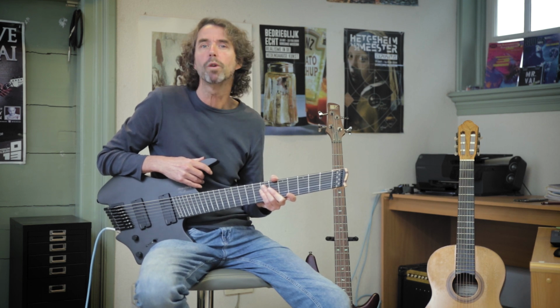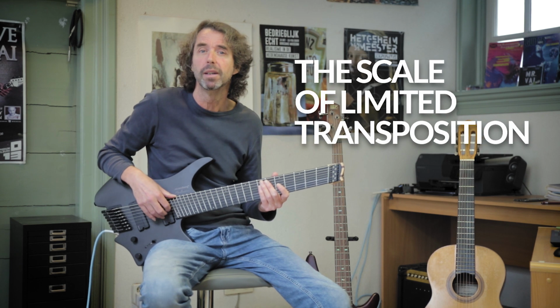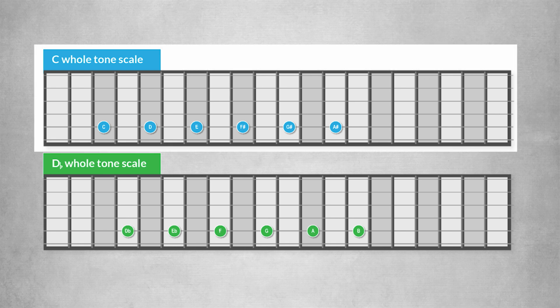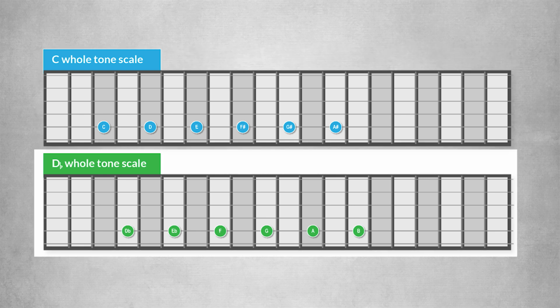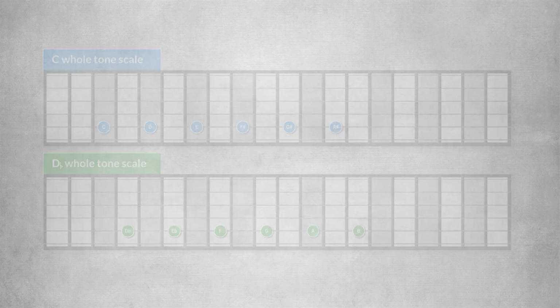And that is why the whole tone scale is also called the scale of limited transposition. So the conclusion was that there were only 2 whole tone scales. So we have a C whole tone scale and a D flat whole tone scale.